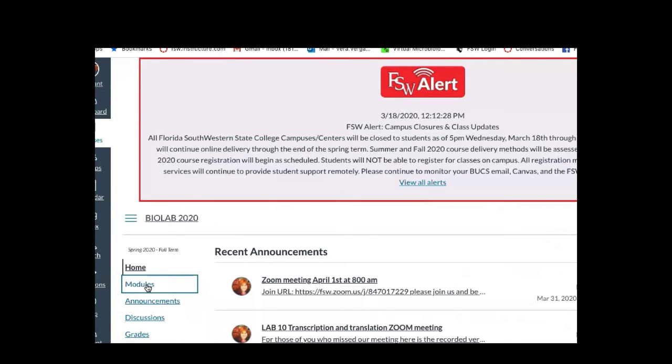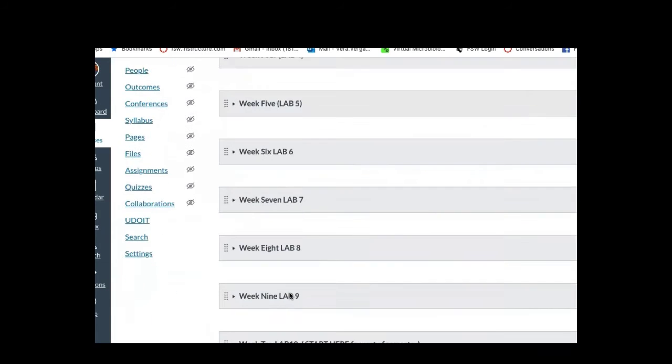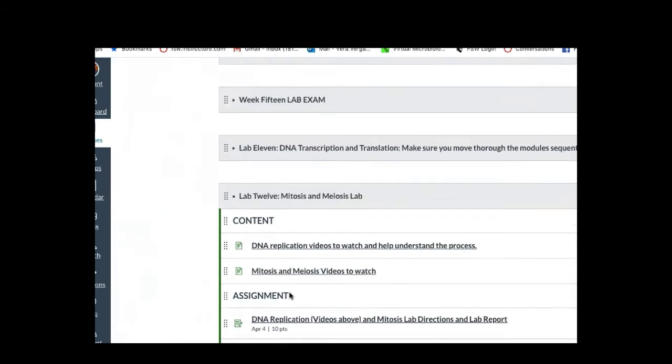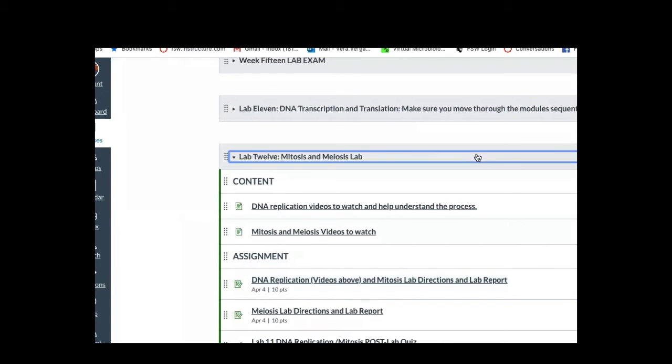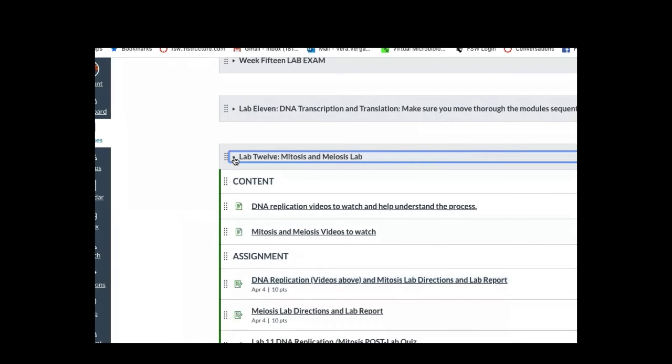So what you want to do for your lab is go to the modules, and the one that's then going to show up for you this week is lab 12, mitosis and meiosis. Next week's lab's still not ready, so don't worry about that one.